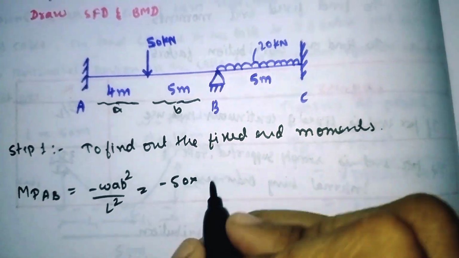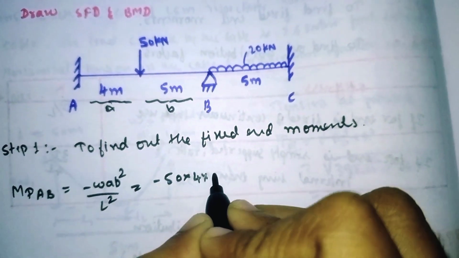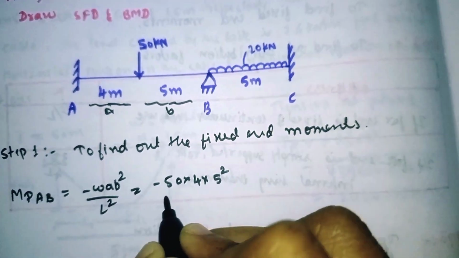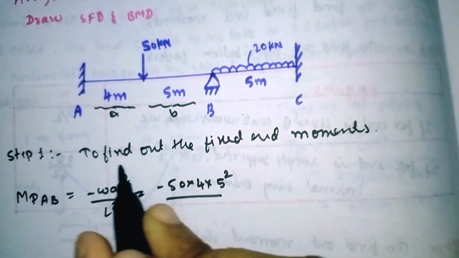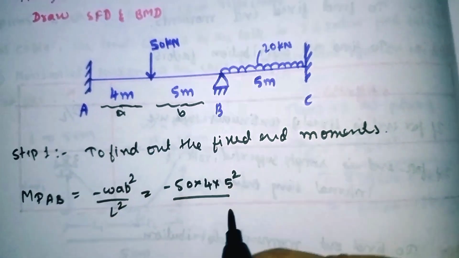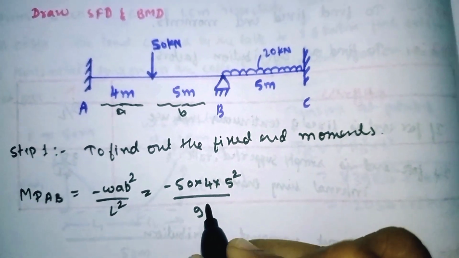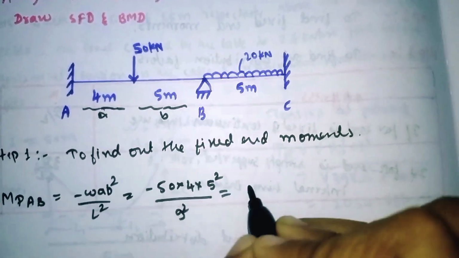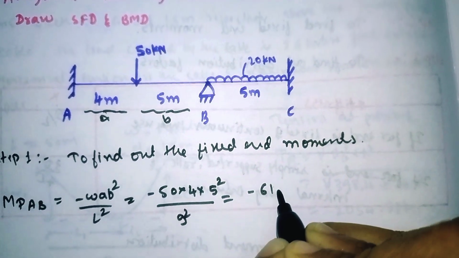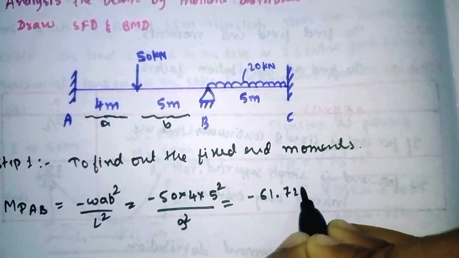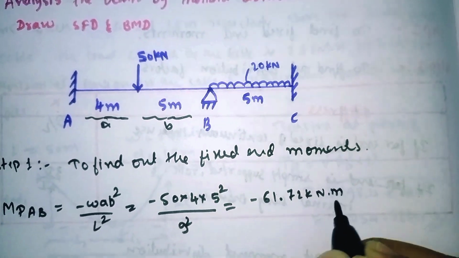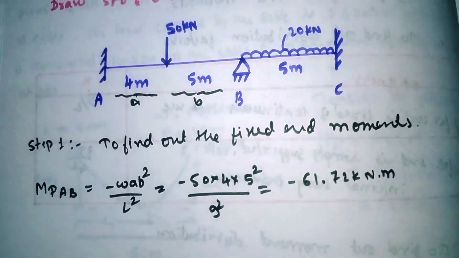So our A is 4, and our B is 5, whole square, divided by L, which is the total 4 plus 5, 9. So 9 square. Simplify this, it will come out as minus 61.72 kilonewton meter.